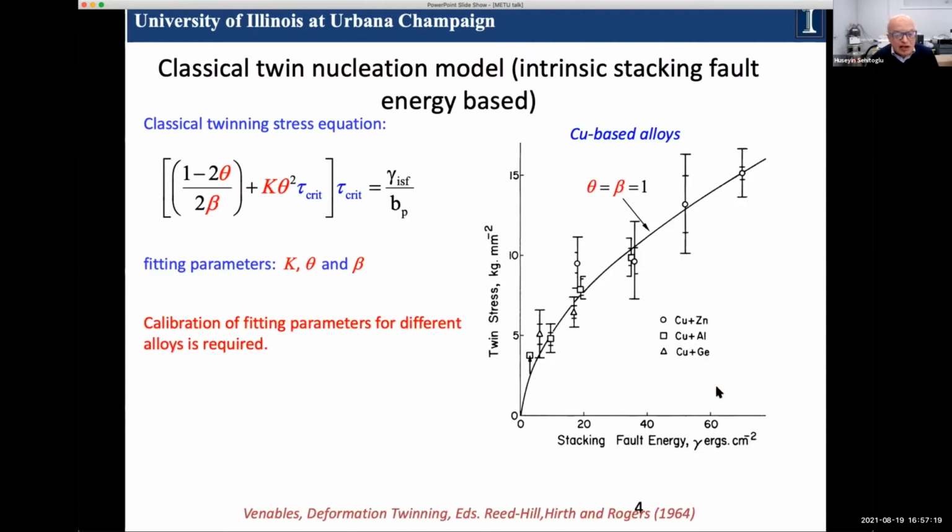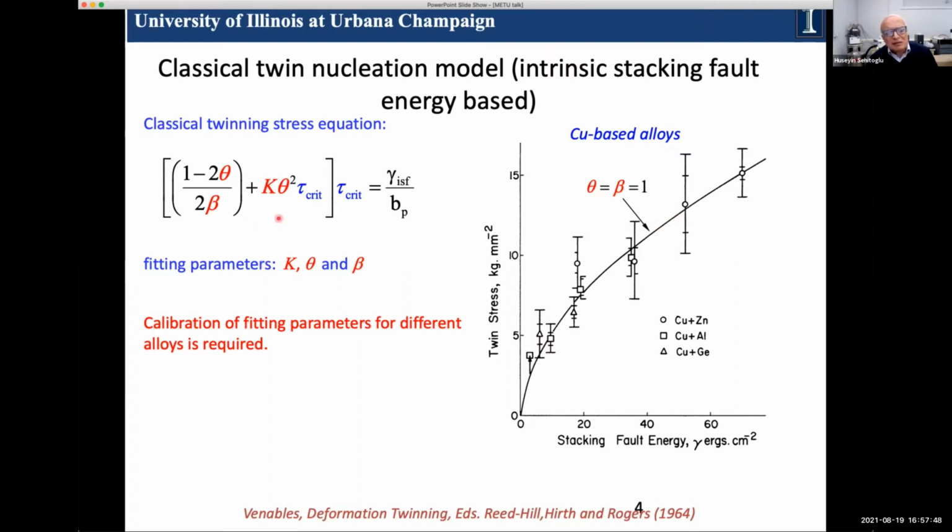The classical description of twinning stress prediction goes back to the 1960s. It's more or less an empirical equation. Tau critical scales with gamma ISF, which is the intrinsic stacking fault energy of the material. The higher the intrinsic stacking fault energy, the twinning stress increases.